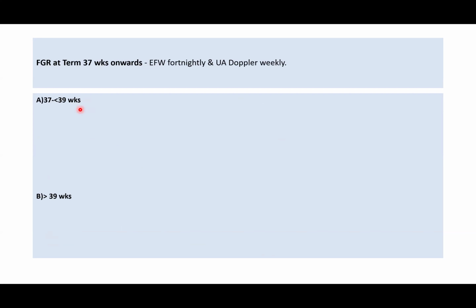All right, now coming to FGR at term, 37 weeks onwards. Again, monitoring is by estimated fetal weight fortnightly and umbilical artery Doppler weekly. At gestation age between 37 to less than 39 weeks, we will deliver if AC or estimated fetal weight is less than third centile by 37 plus 6 weeks.